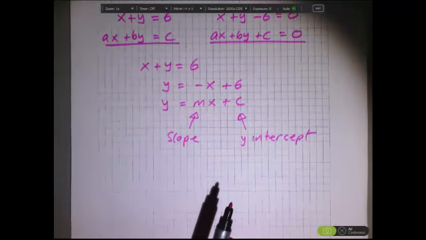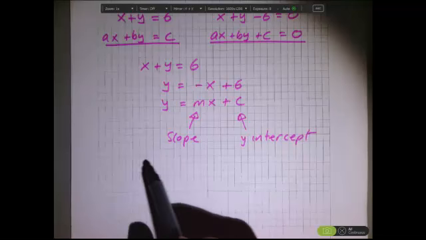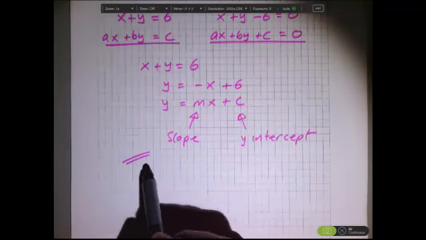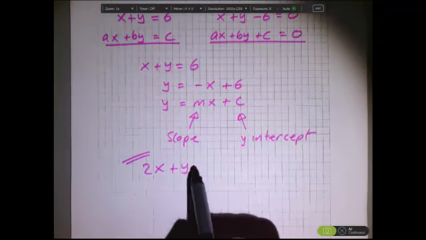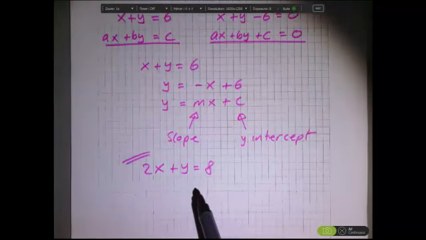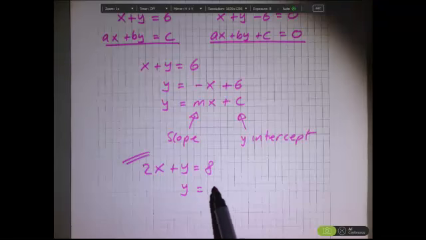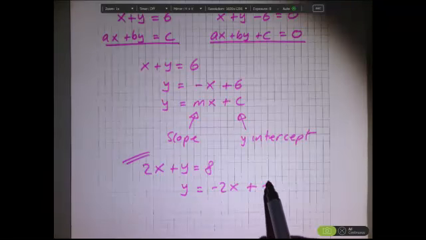But before I do, I'm just going to take the other equation down. It's 2x plus y equals 8. And I'm also going to put that into the form y is equal to mx plus c. So y equals minus 2x plus 8.